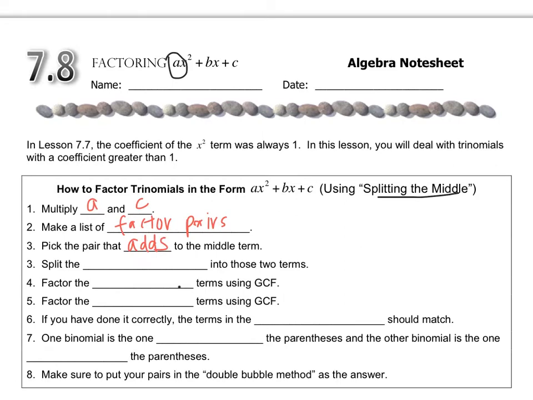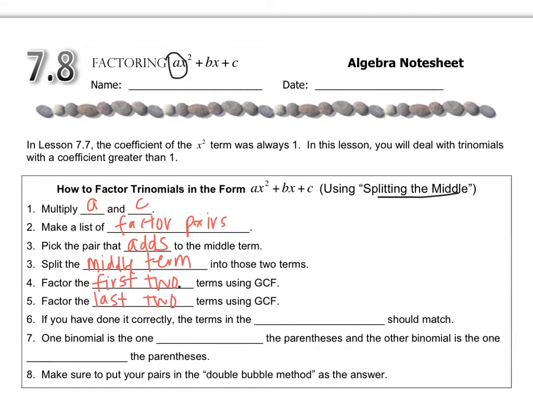Then we split the middle term into those two terms that we just created using the factor pair. Then you use your GCF factoring technique to factor the first two terms, and you use your GCF technique to factor the last two terms.